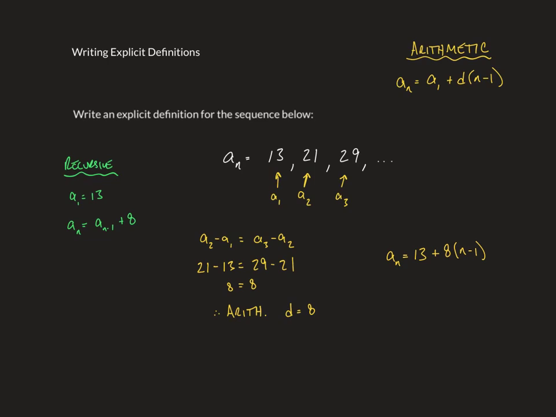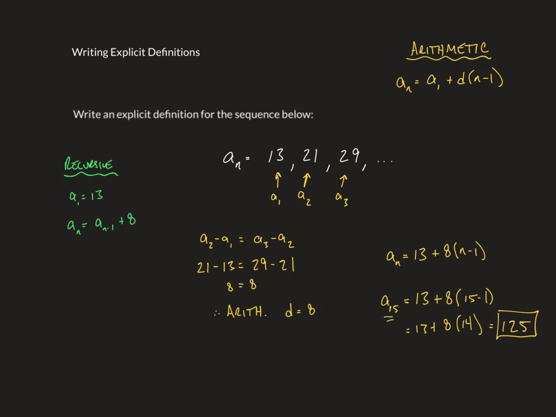Now I could use that to find any term I want here. If I wanted to find the 15th term, I just plug in a 15 for n. And so that would be 13 plus 8 times 14, which is 125. So if I did want that 15th term, that's pretty easy to do now.